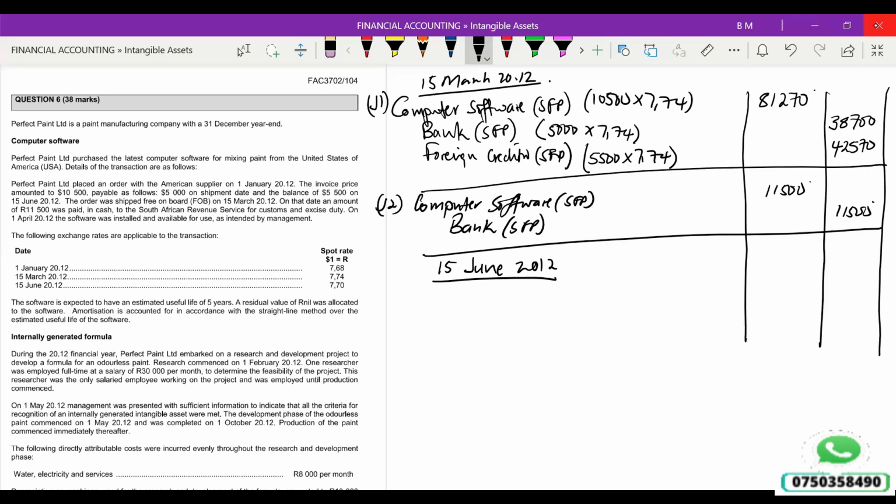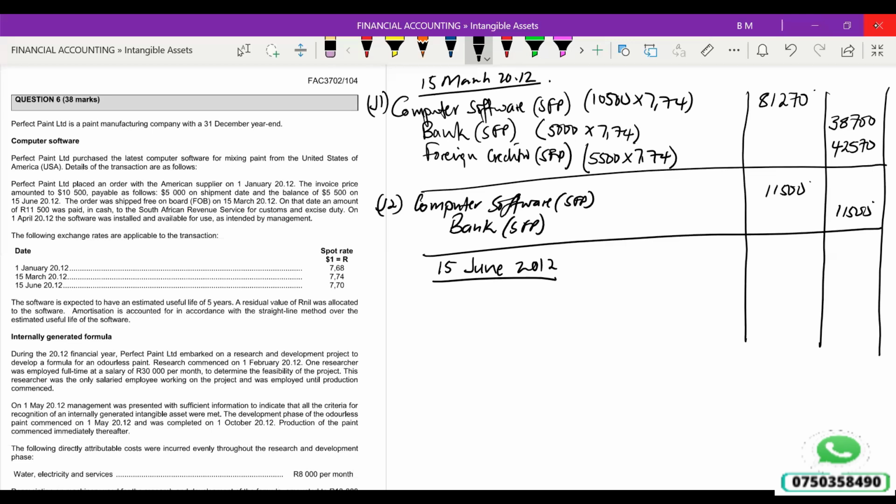The rate on the date that I got the asset was 7.74, but now because I withheld the payment, it's 7.70. So now we need to say, did we make a gain or a loss in the exchange transaction because of the withholding of the payment? I don't know if I'm making sense. Yes, you are making sense.